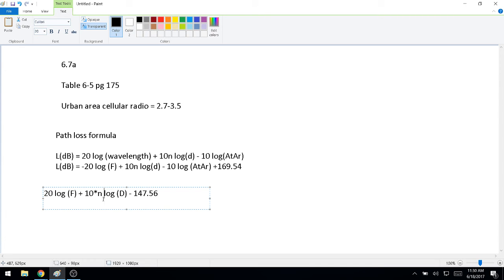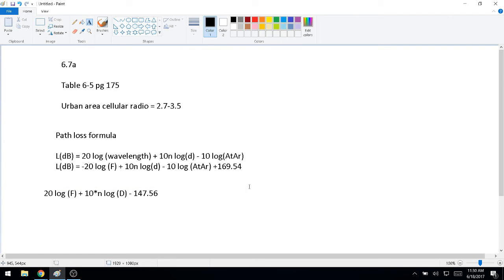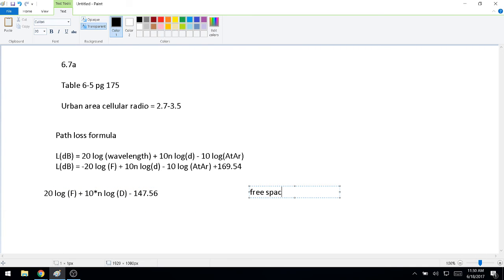And so for free space, n is equal to 2, but we've already been told that we're using n equals 3.1 for urban area cellular radio for this problem.